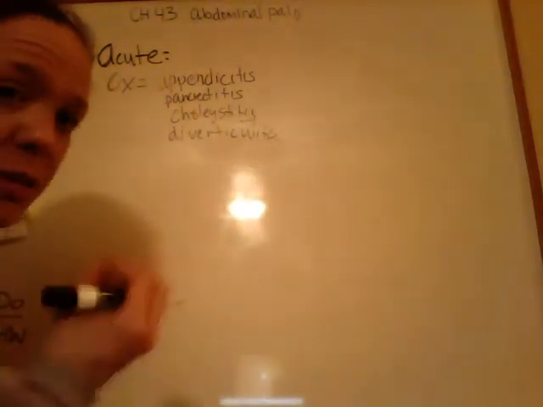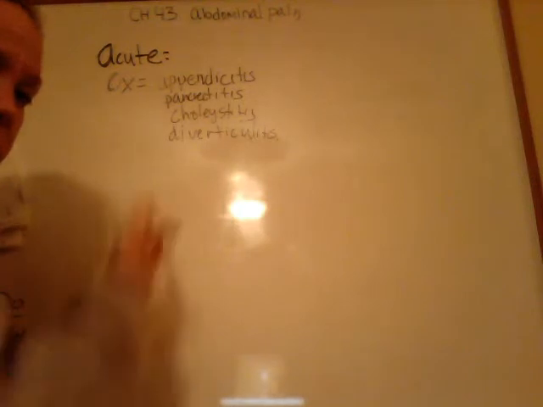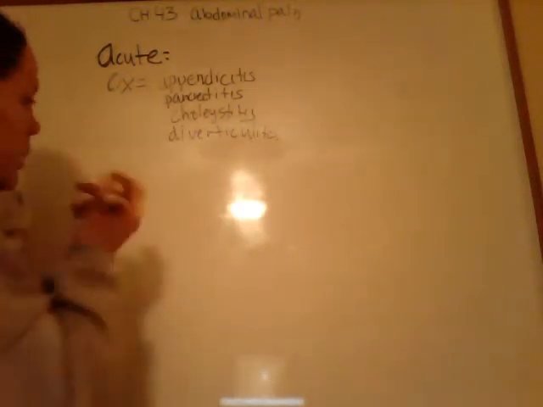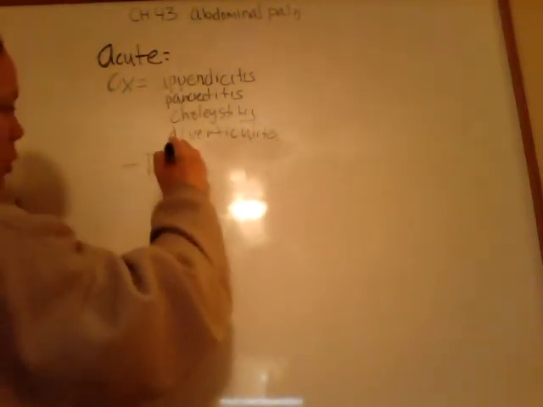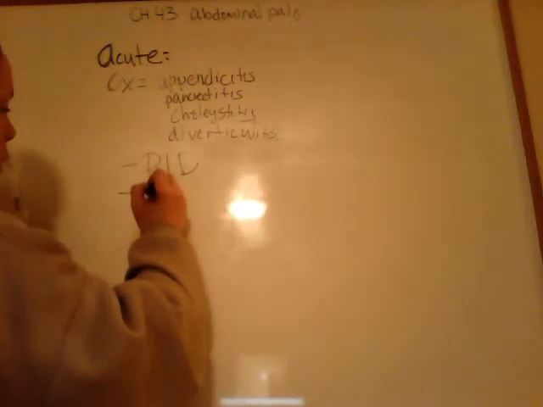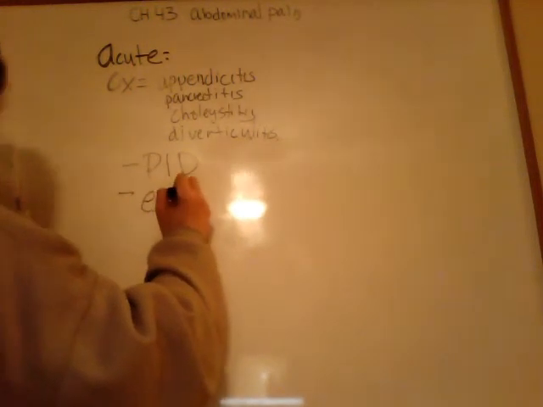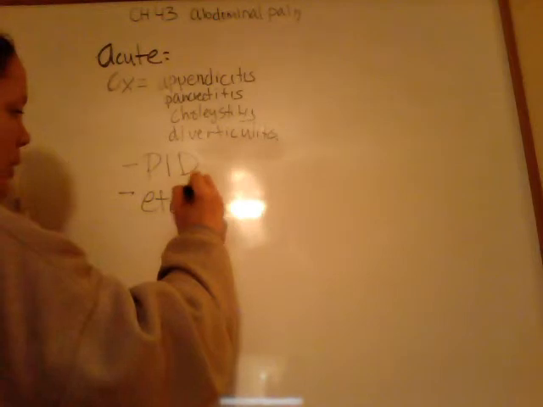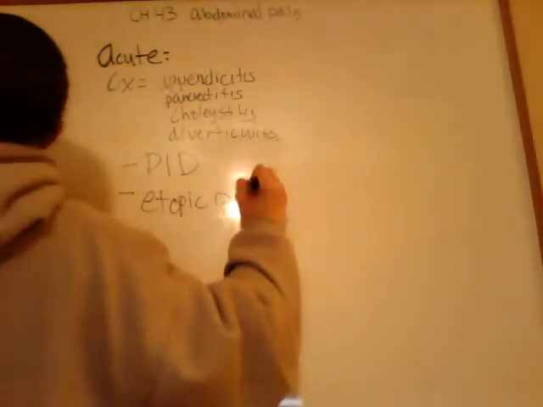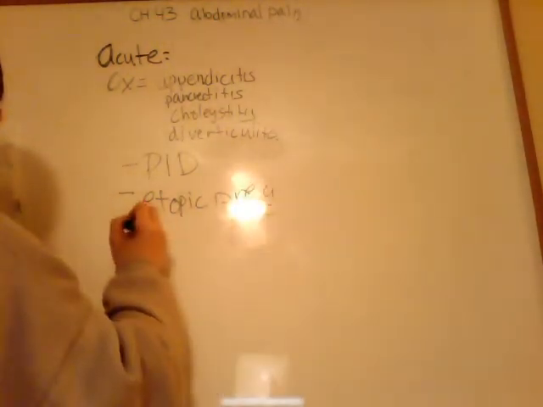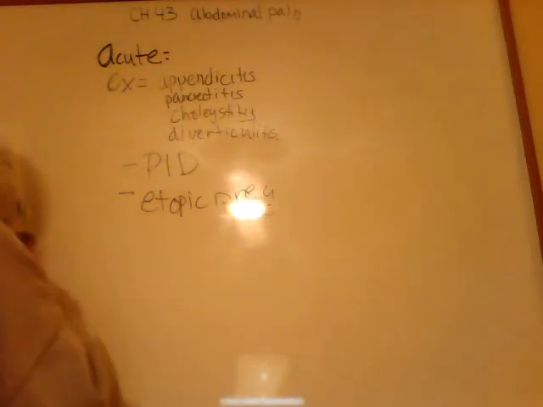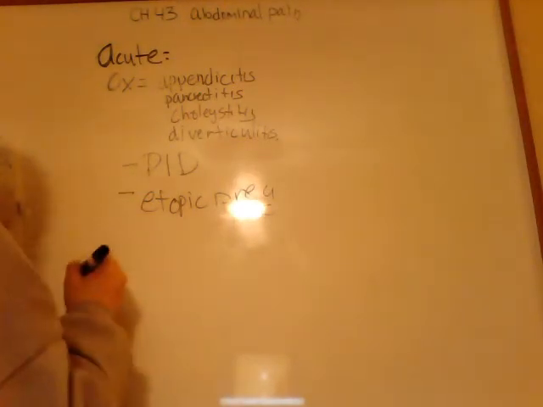If it ends in itis, if it's inflamed, if it's in your GI, it can cause acute abdominal pain. Alright, pelvic inflammatory disorder. You could also have ectopic pregnancy. Acute pancreatitis, already hit that. So these are some of your more common ones.